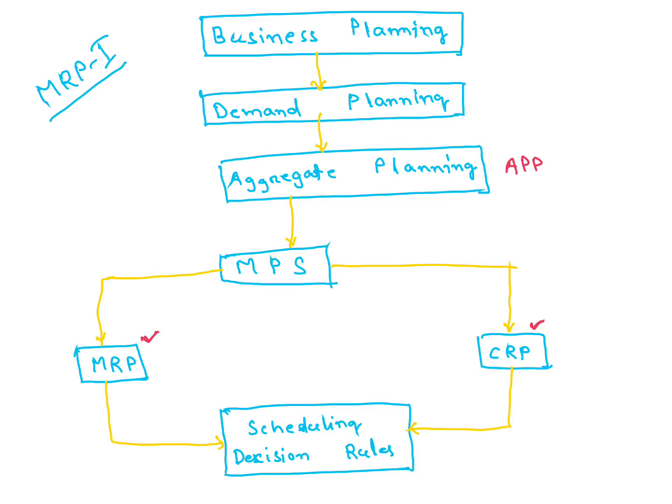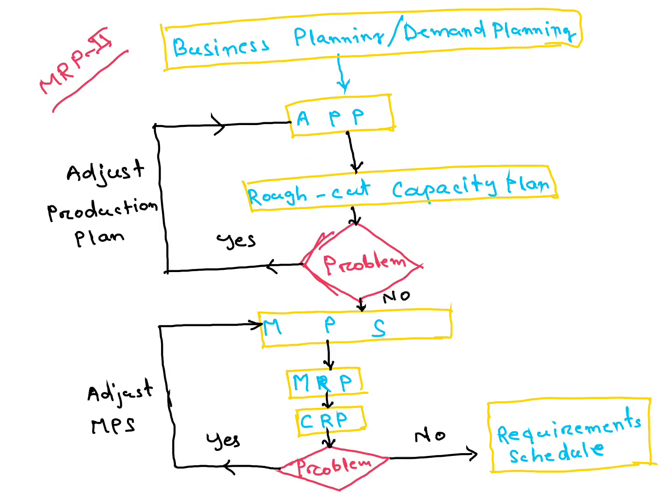Then from both MRP and CRP, scheduling decision rules, then production will be carried out. And in MRP2, here you will get two closed loops. One is here and the second one is here.